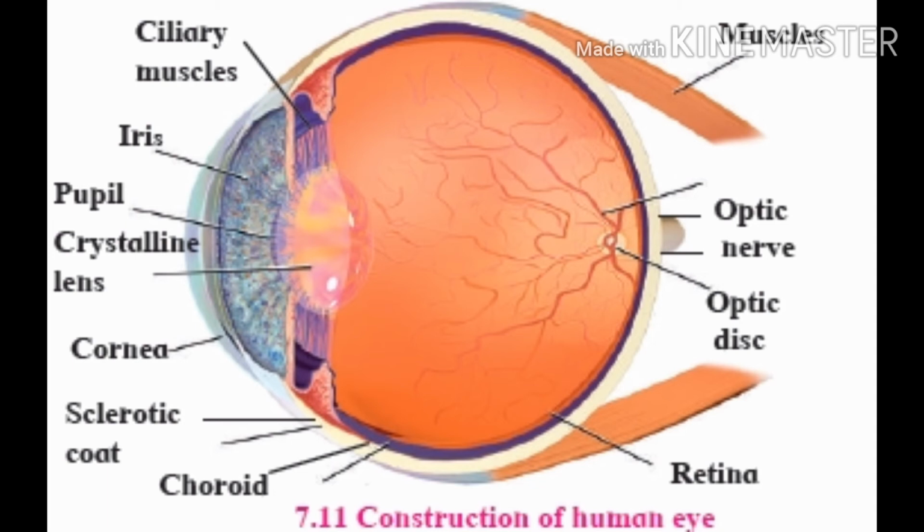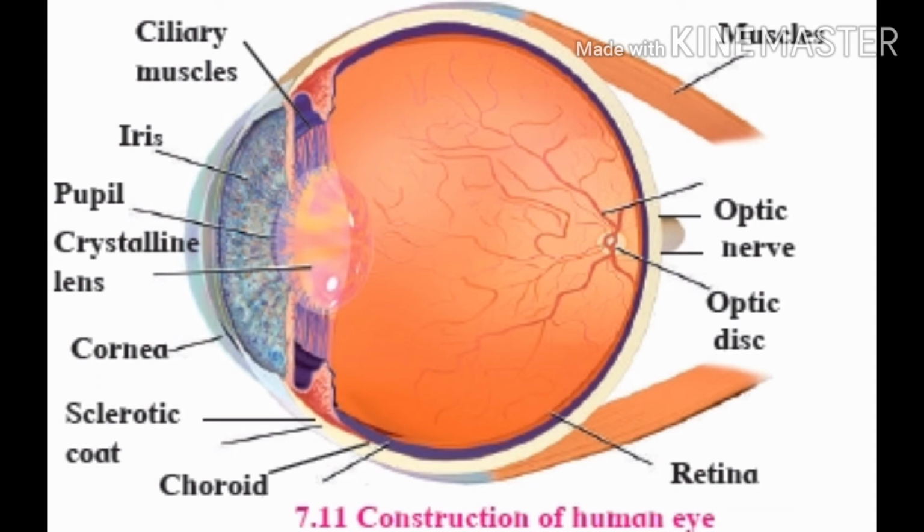There is a very thin transparent membrane on the human eye which is called the cornea. Light enters our eye through the cornea. There is a dark fleshy screen behind the cornea and it is called the iris. The color of the iris is different in different people.